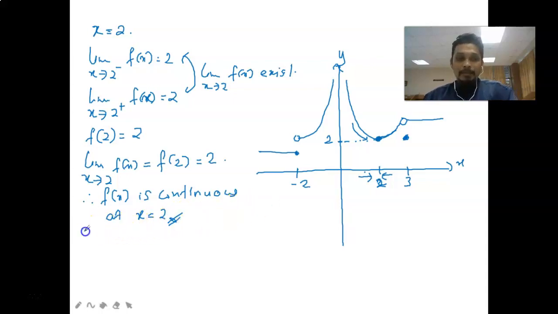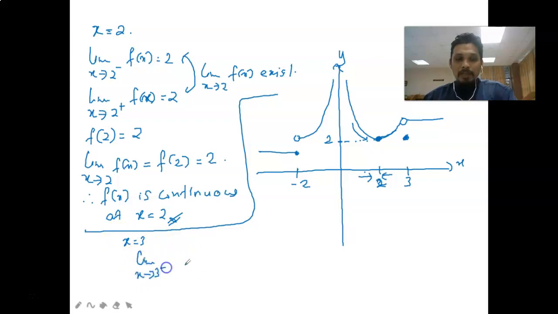Now for x equal to 3, the limit as x approaches 3 from the left, look at this one here now, approaches a value of y, let's say which is equal to 3.